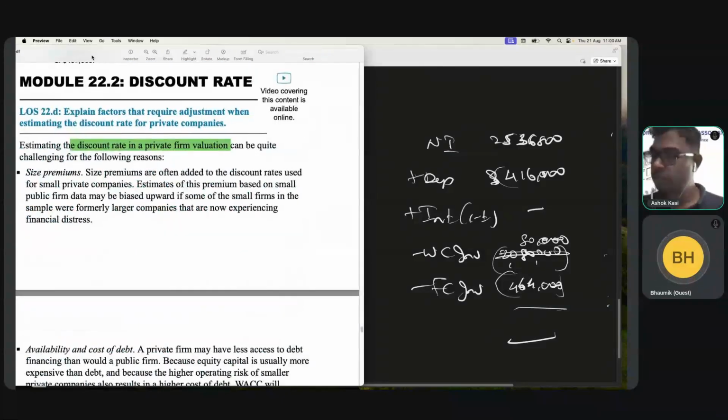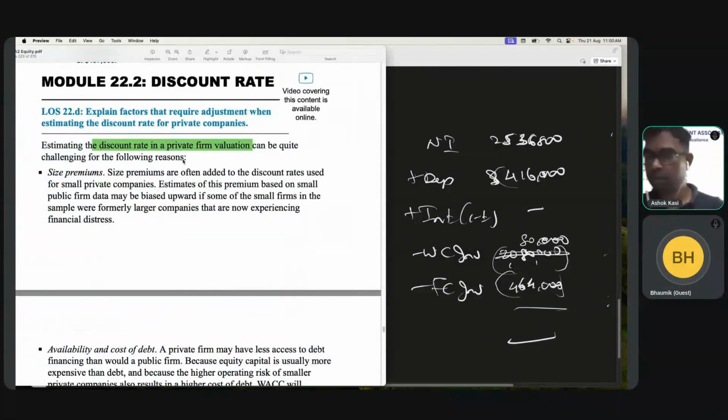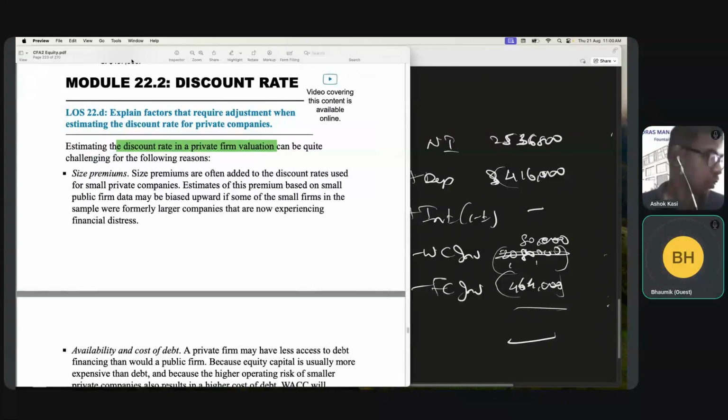The next one, discount rate in a private firm. Now, why will you apply a discount rate? Because of size premiums, because it's a smaller company.